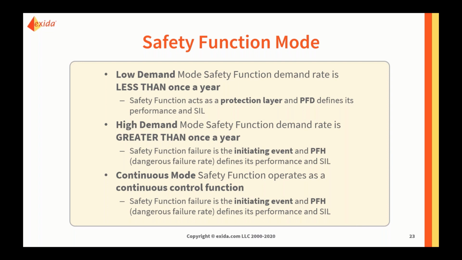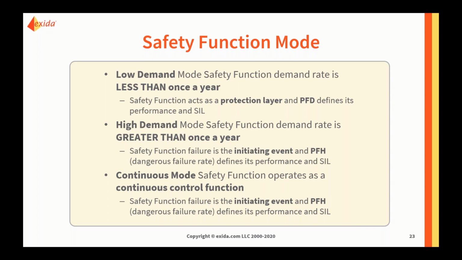And as a result, that basic process control system manages the process on a day-to-day, hour-by-hour, year-by-year basis, so that our safety function is actually only demanded upon failures of that basic process control system. And those failures typically occur less than once a year. So our proposed safety function acts as a protection layer, and its probability of failure on demand defines its performance and its SIL.